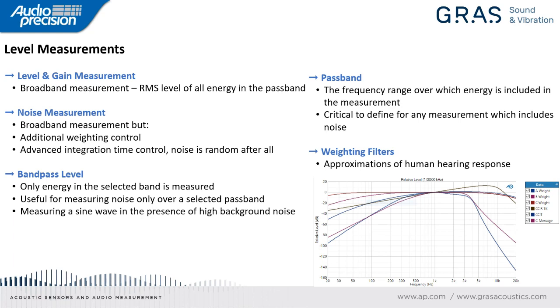So this is, again, a measurement of the signal amplitude, but over a controlled and specified bandwidth. So one thing that will be critical in these measurements is, what is the passband? What is the range of frequencies over which we're making our measurement? And then, are we applying a weighting filter?